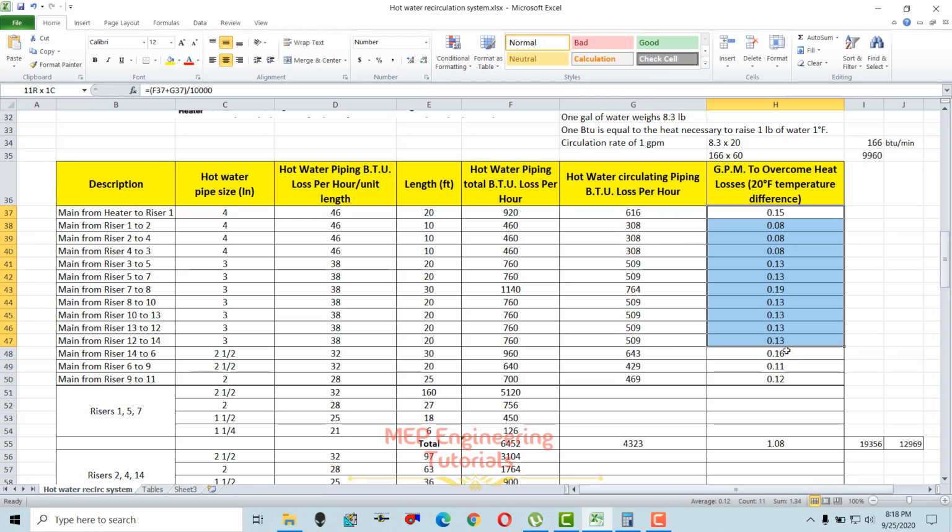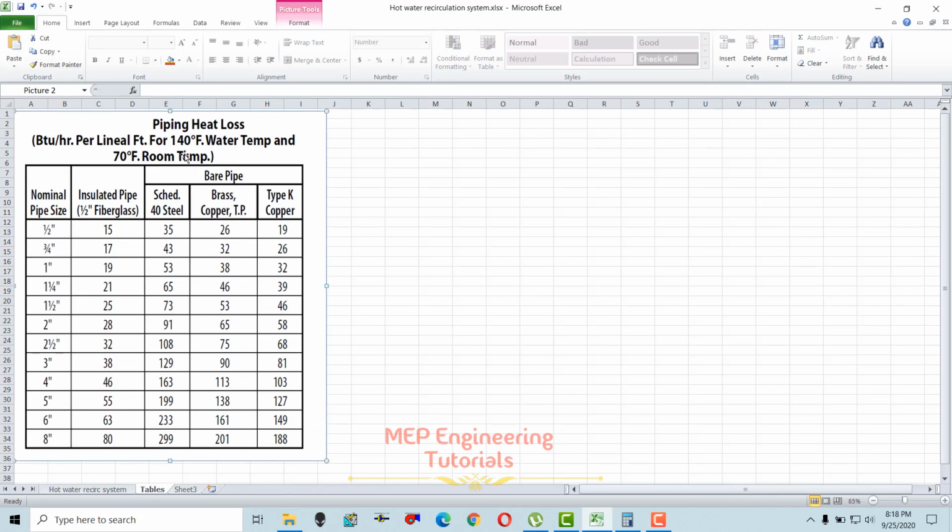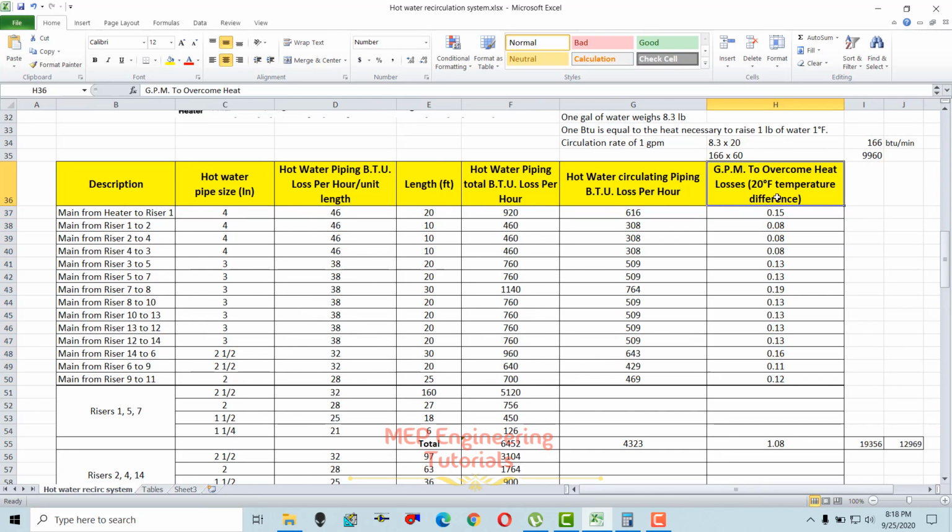You calculate one by one for the hot water recirculation piping heat losses. The next thing to calculate is the GPM, gallons per minute, to overcome the heat losses based on a 20 degree Fahrenheit temperature difference. As we mentioned earlier, the supply temperature from the heater is 140 degree Fahrenheit. Based on our assumption of a 20 degree Fahrenheit temperature difference, the hot water supply temperature is 140 and recirculation is 120.